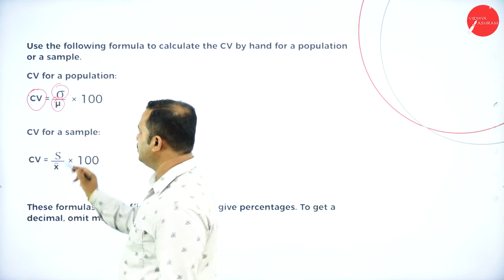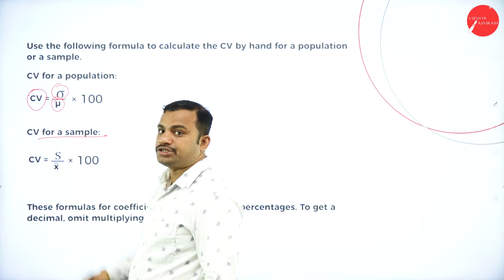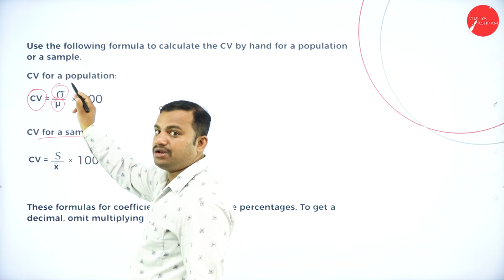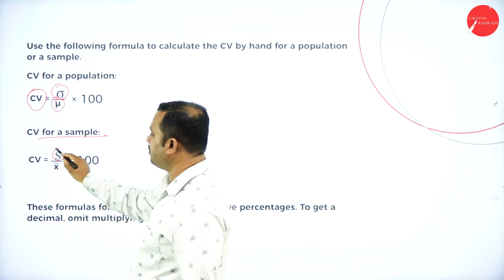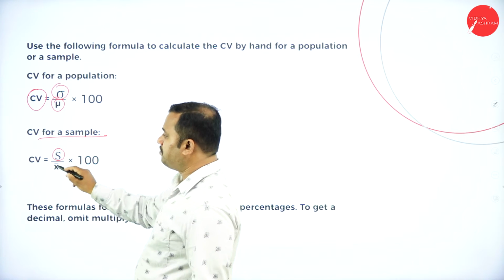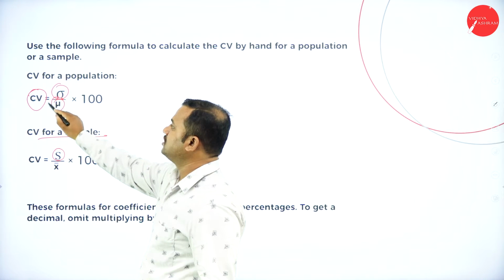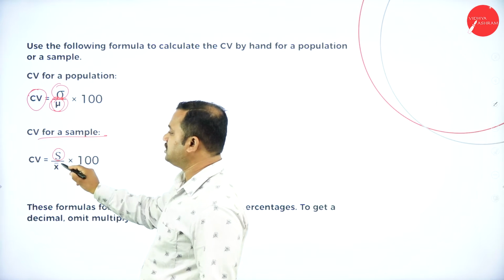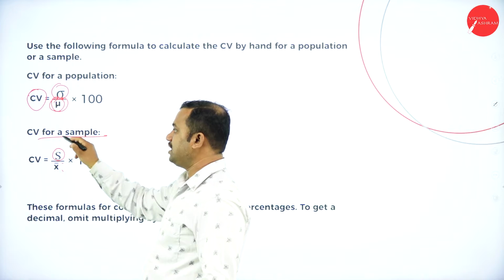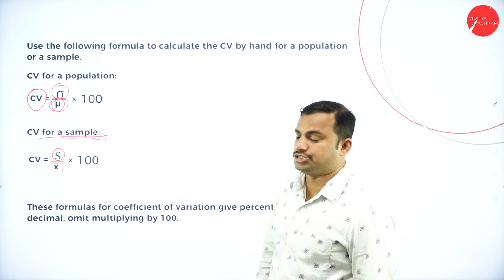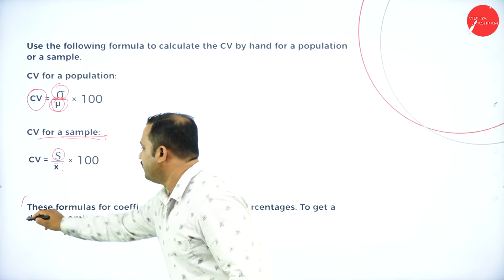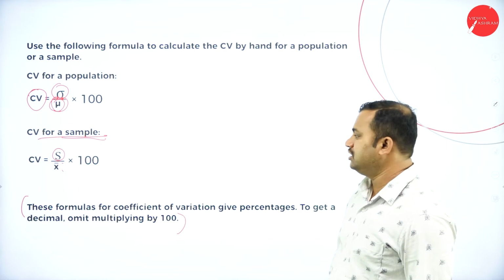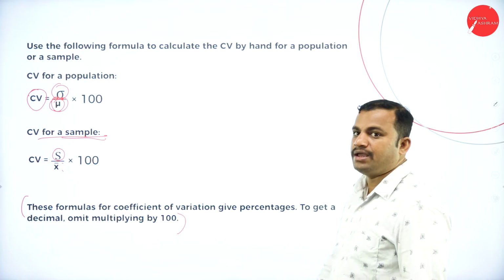As we all know, for the population we use the Greek letter sigma, and for the sample, instead of sigma, we represent it by S. For the mean, we use the Greek letter mu for the population, and x bar for the sample calculation. So these are the formulas with which we find the coefficient of variation. Then finally we multiply it by 100.